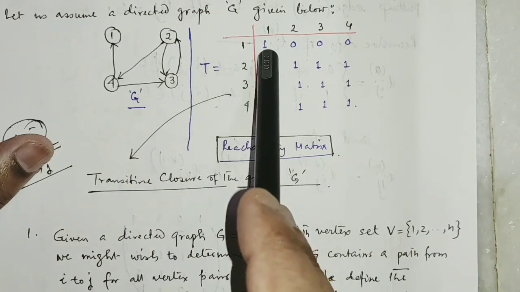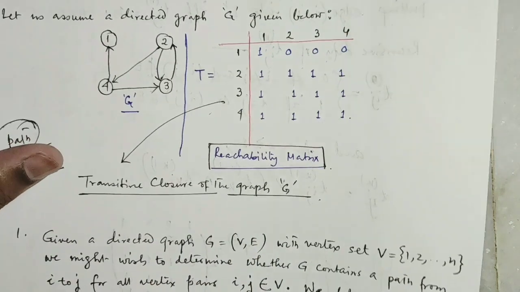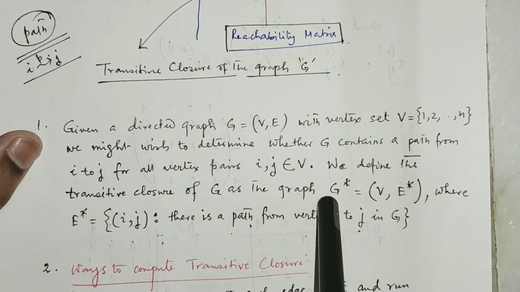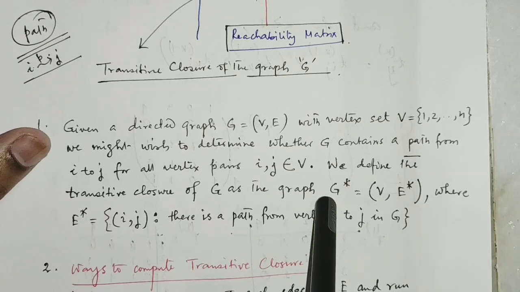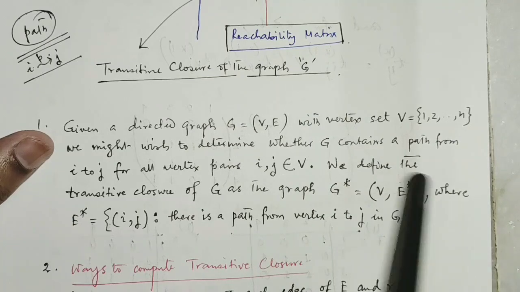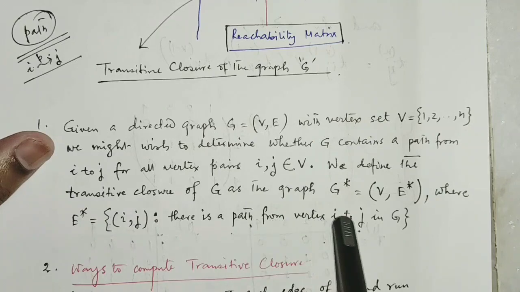The entry of the matrix will be either 1 or 0, depending on whether there is a path or not. So that is given here. We define the transitive closure of G as the graph G star, V comma E star, where E star is (i, j), that means i to j, where there is a path from vertex i to j in G.